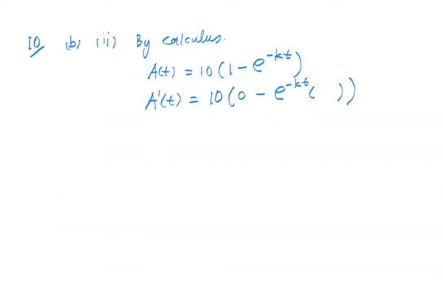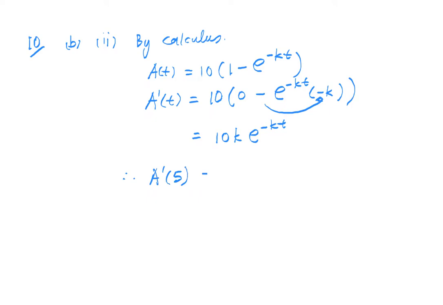Yes, negative K, the derivative of the power. Am I right? So this will be negative times negative, you get positive. So you got 10K e to the power negative KT.